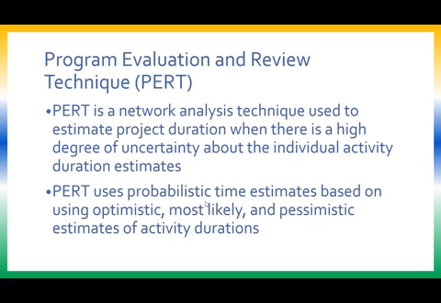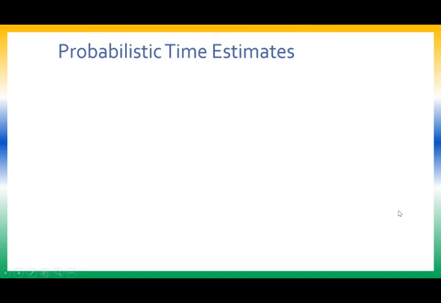PERT uses probabilistic time estimates based on optimistic, most likely, and pessimistic estimates of the activity durations. So now you might have a doubt, what are these optimistic, most likely, and pessimistic time estimates, right? So why do we consider probabilistic time estimates?